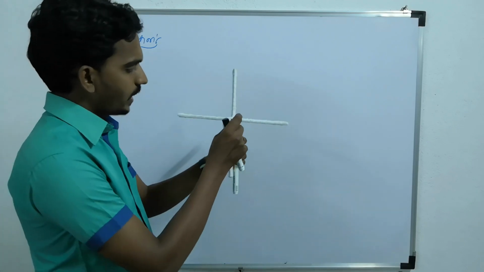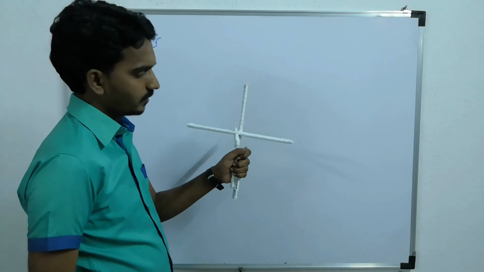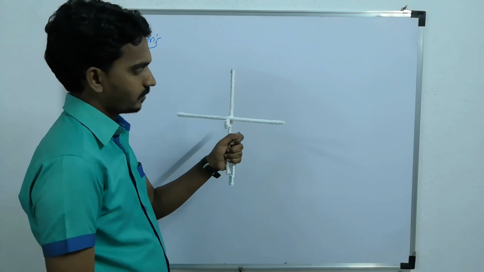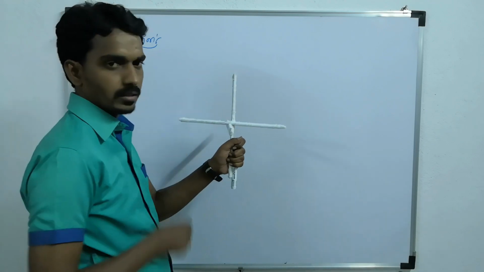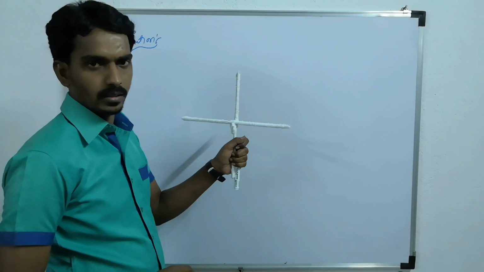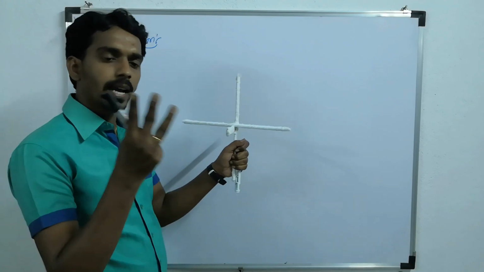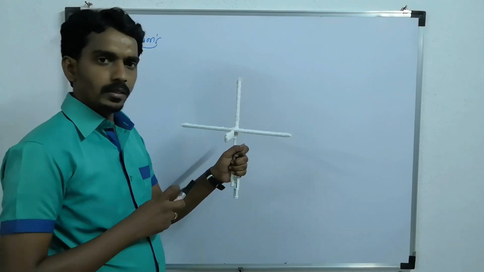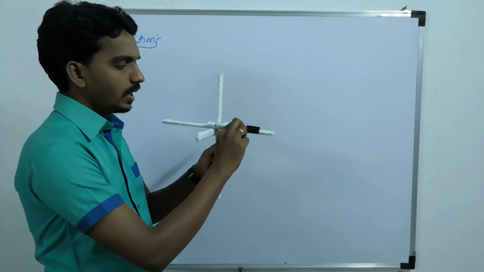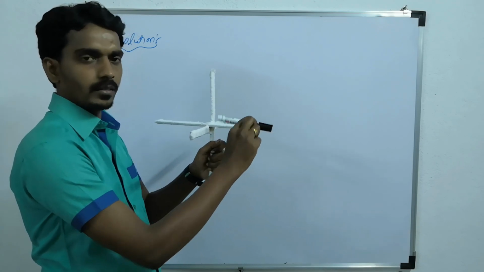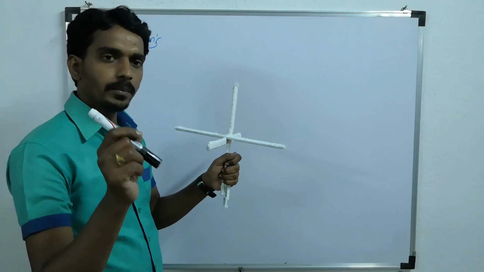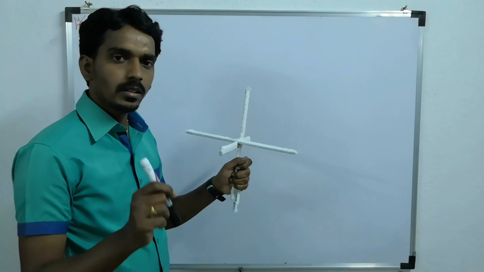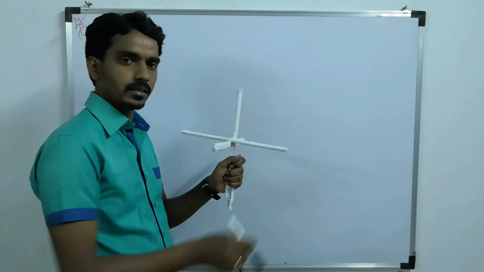It is like a coordinate axis system. Observe carefully: this is the x-axis, this is the y-axis, and this is the z-axis. These are the three directions existing for us. If a vector is in the x direction, you will represent it with the symbol i cap. i cap means a unit vector along the x-axis.